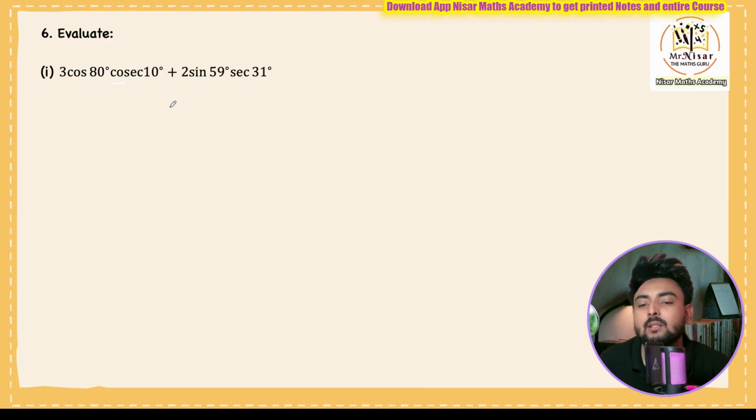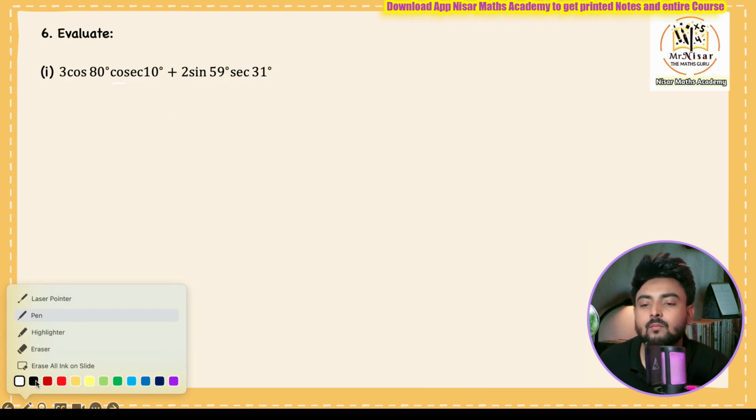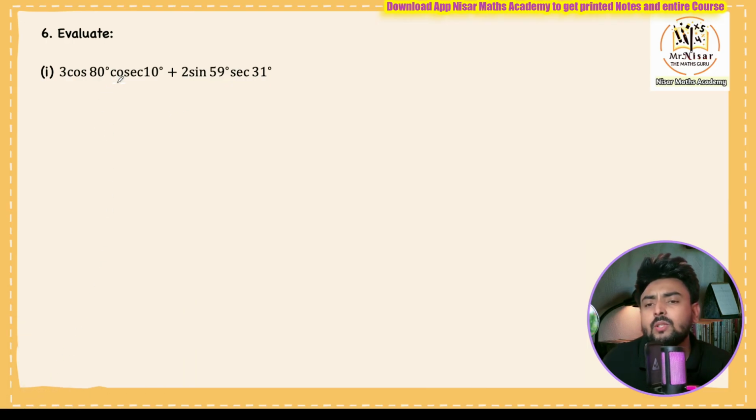Now you tell me, just let me change the ink of the pen. Yeah. Now you tell me, if I take the complementary for cosec, cosec is complementary to sec, so it will be sec 80. Cosec 10 means sec 80, is it? So here sec 80 and here cos 80, and cos and sec are reciprocal to each other, so we'll cancel and we can find the value.